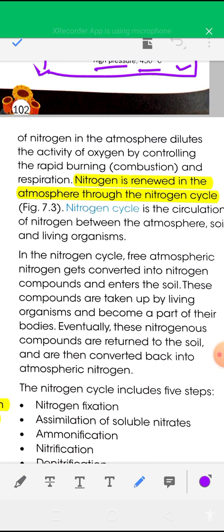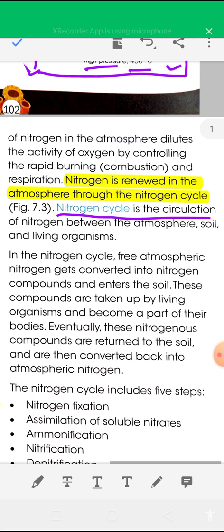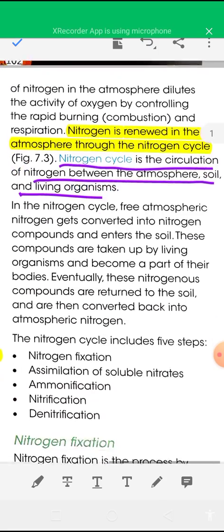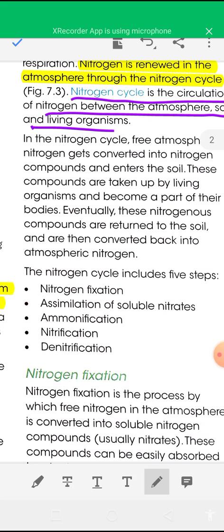So what is the nitrogen cycle? Nitrogen cycle is the circulation of nitrogen between the atmosphere, soil and living organisms. The nitrogen cycle includes 5 steps.